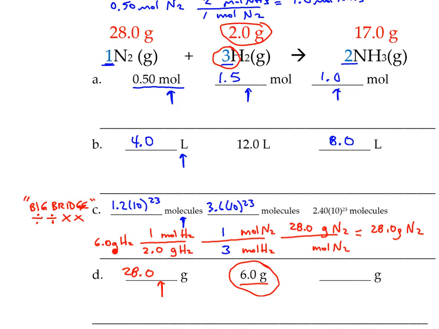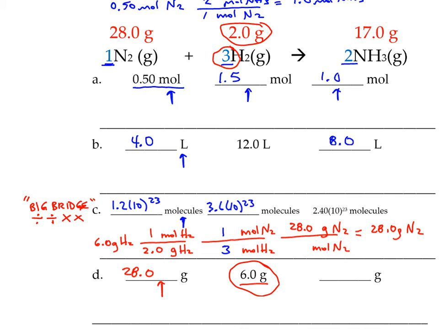So we divided by these 2 numbers right here, the 2 and the 3. And then look what we're going to do here. We're going to multiply by 28, multiply by 1, and get our answer of 28. And look, we multiplied by 28, multiplied by 1, and we got our answer of 28. So the big bridge is actually doing exactly what we learned before in the conversion, but not having to write it all out so detailed.